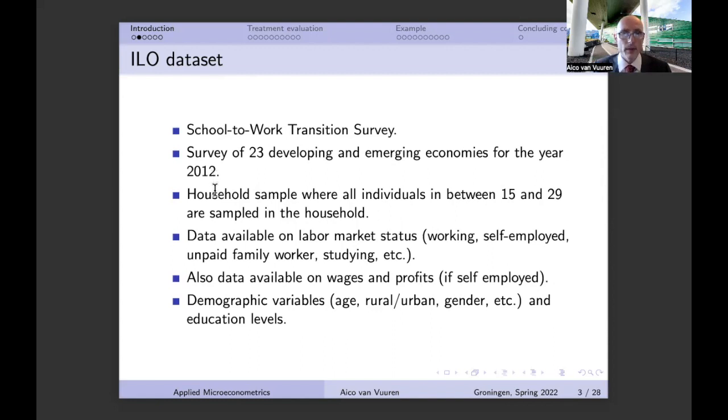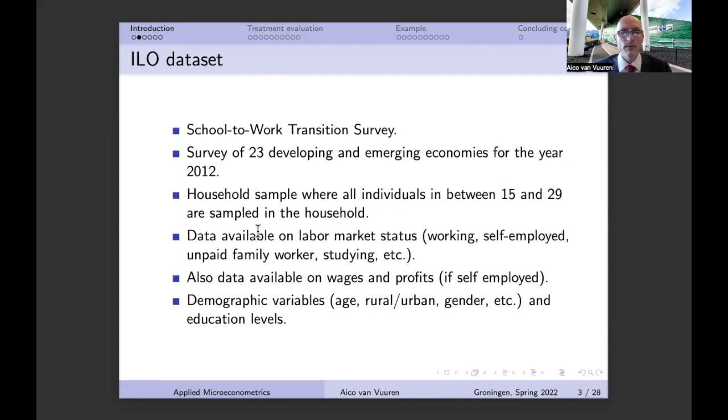So it's a household sample. However, even though it's a household sample, and that means, of course, that in principle, the individuals that live in that particular household could be quite old, only those individuals between 15 and 20 years of age are going to be sampled in the household. So these are going to be in our data set.